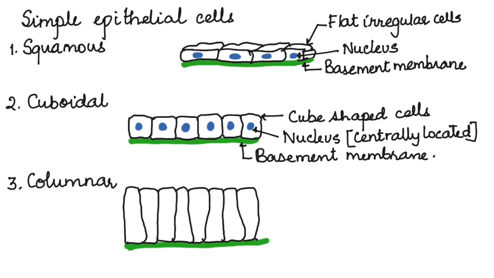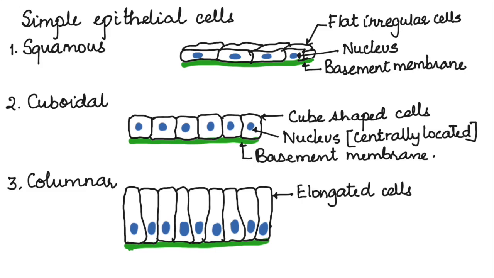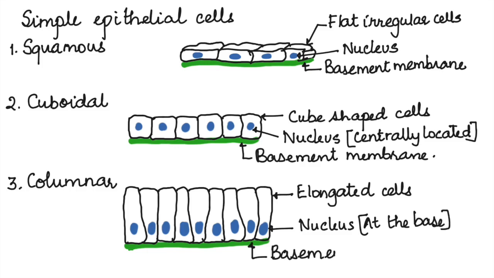So we draw these cells closely packed, and when we draw the nucleus, we have to see that it is at the base, that is towards the basement membrane. The columnar epithelial cells are normally seen in the lining of the stomach and in the intestines. Here they may be either secretory or absorptive in function depending on the location.